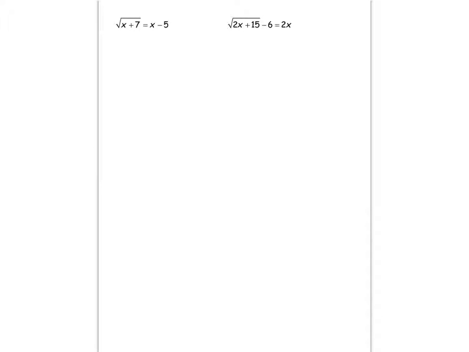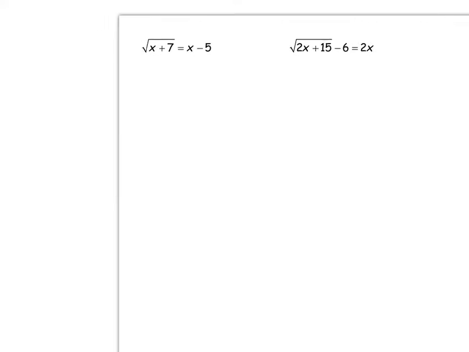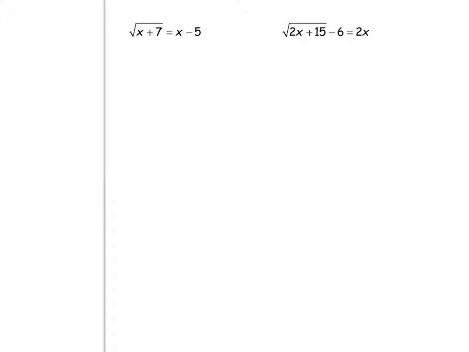All right, moving on. If we have the square root of x plus 7 equals x minus 5. The square root is alone, and so we'll square both sides. This is where it gets tricky though. When I square and square root, it crosses off like normal.